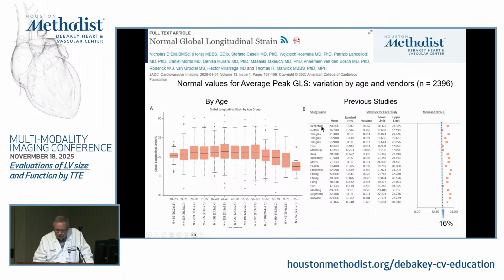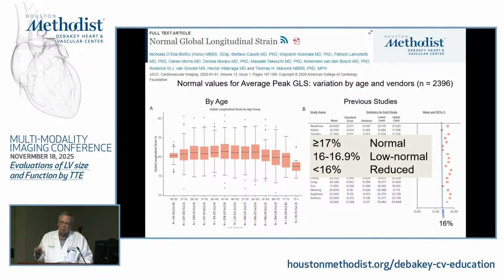Also, all kinds of different machines don't always give you the same value. So if you do the same patient in 2 or 3 different machines, as some of these investigators have done, you get variability. But the nice, interesting thing is that all these normal volunteers are always over 16, regardless of the age also.